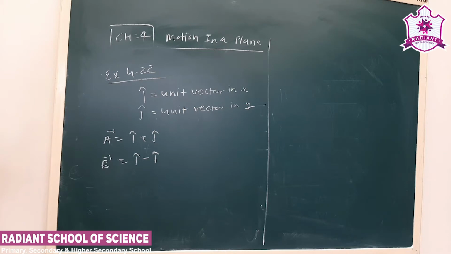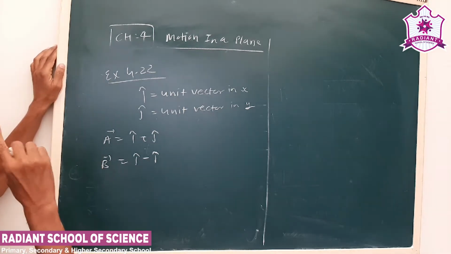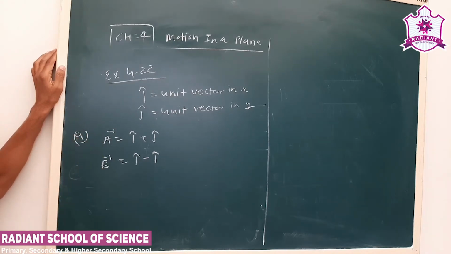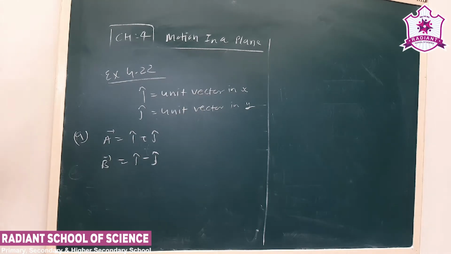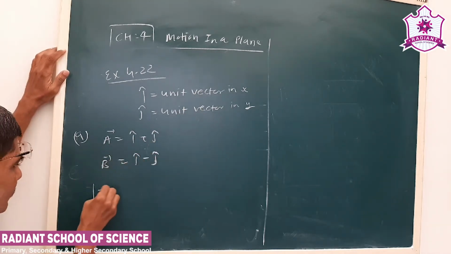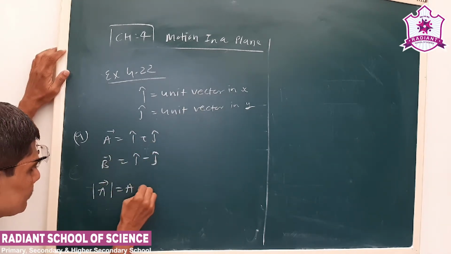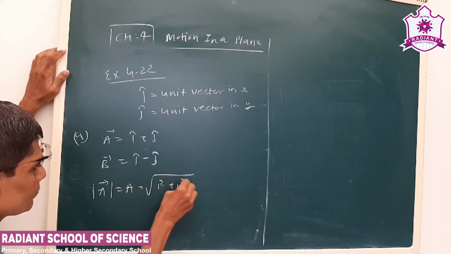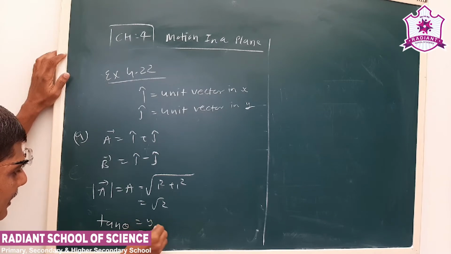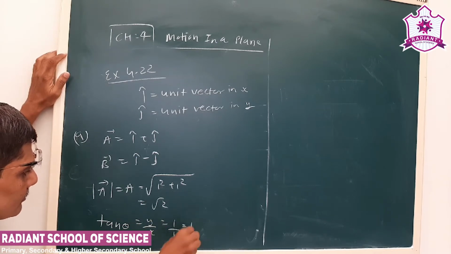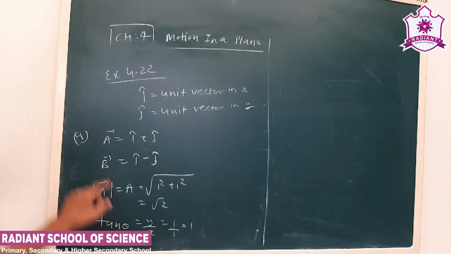First part of the question is we have to find out the magnitude and direction of these two vectors. Now see A is i plus j, so the magnitude of A is root 2. Now the direction: tan theta is y upon x. See here, x and y both are positive.